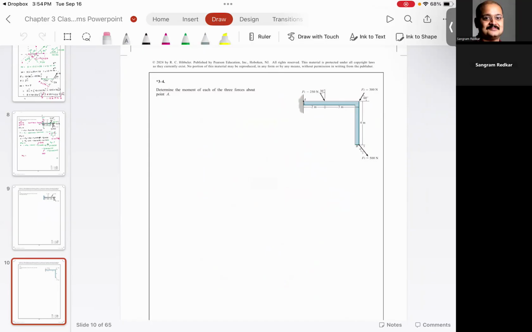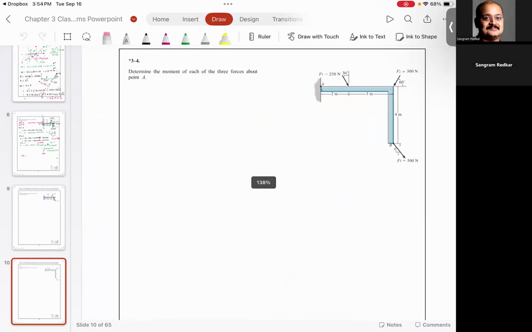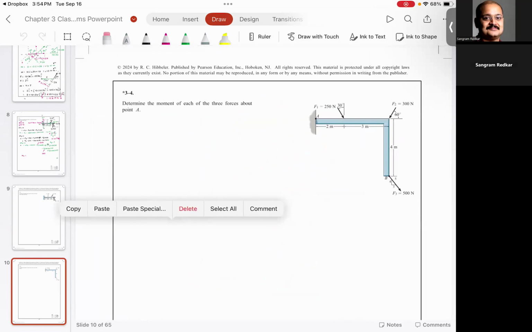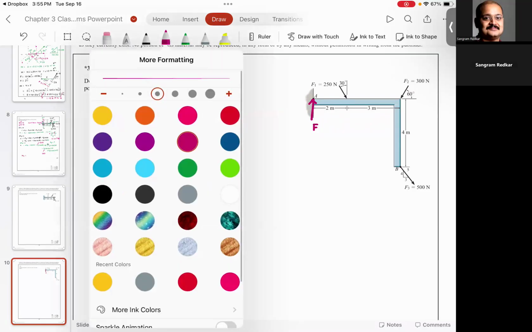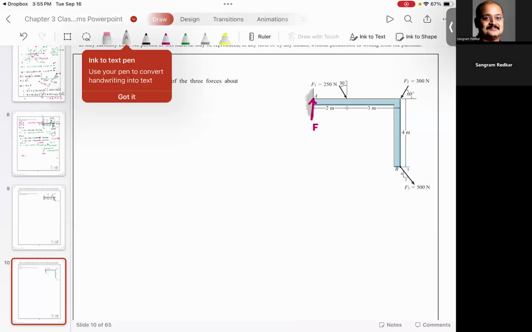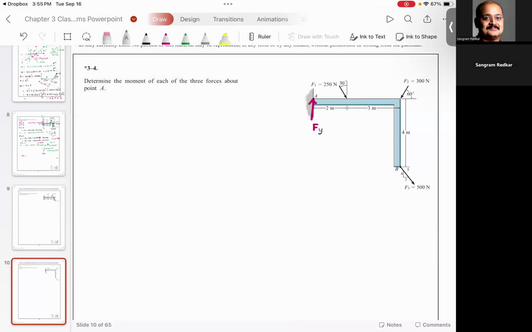I'm going to treat that problem exactly the same as the previous problem. We have to find out the moment of each force about point A. So what I want to do is, I first want to find out the vertical force reaction, which is Fx, Fy.